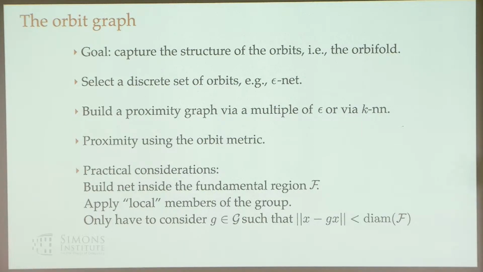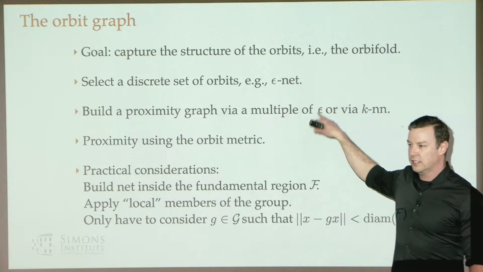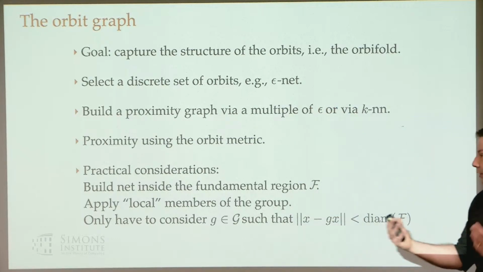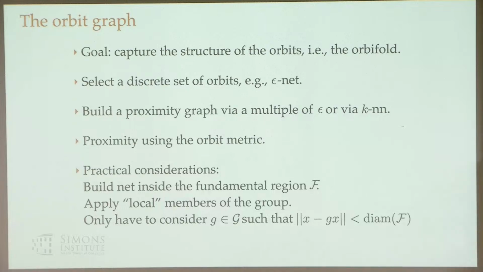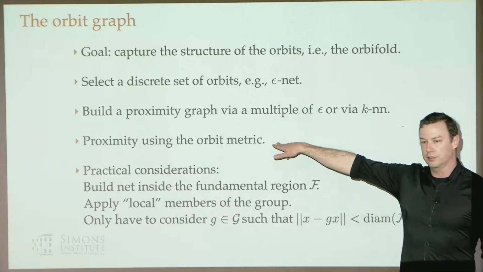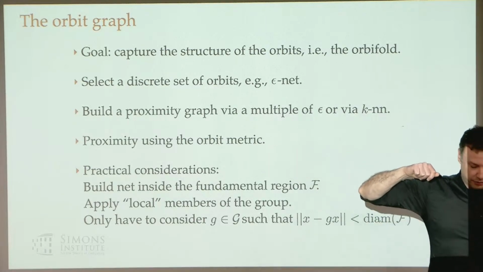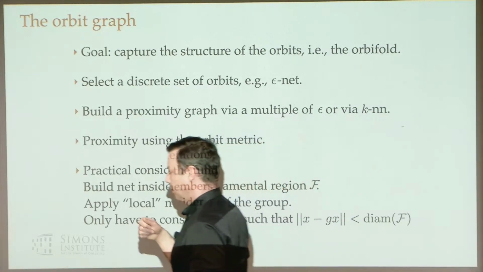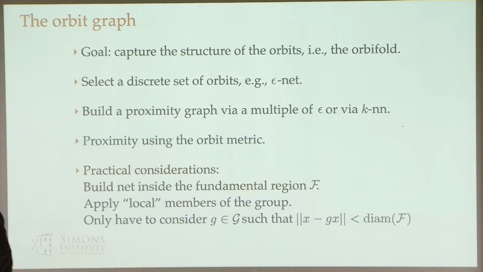You could do this by connecting to every vertex within an epsilon ball, or the k nearest neighbors, or whatever you like. The metric we do this under is the induced metric, which is the Euclidean metric, but minimized over the group. And what all that means is that if you are closer to somebody by jumping over the edge periodically, then that's the one that's closest to you.